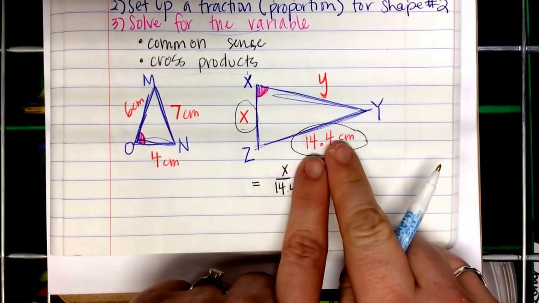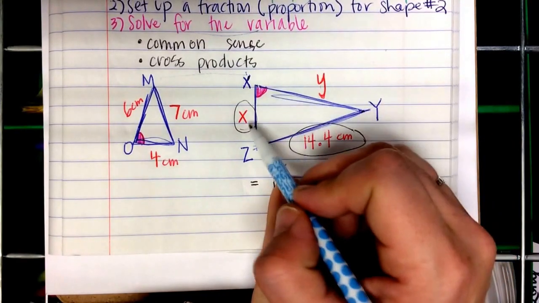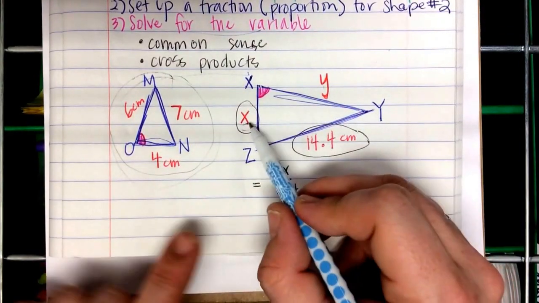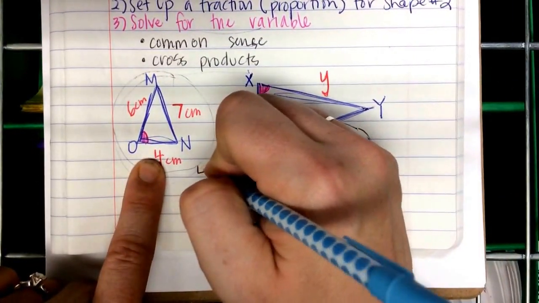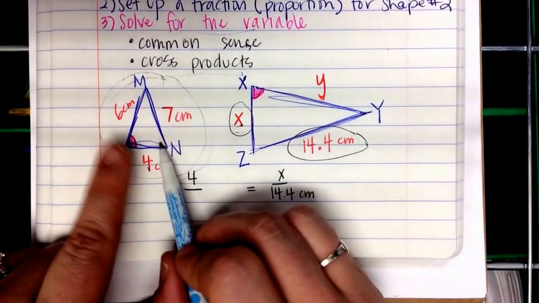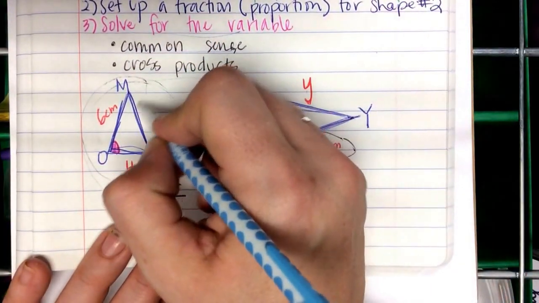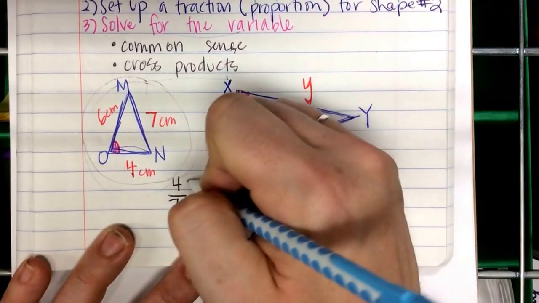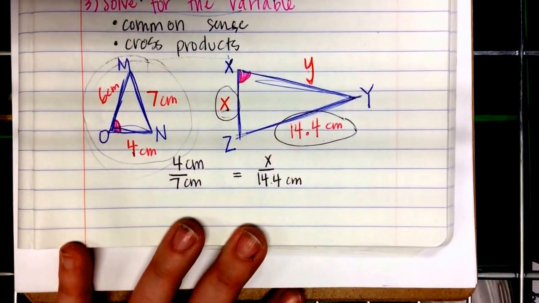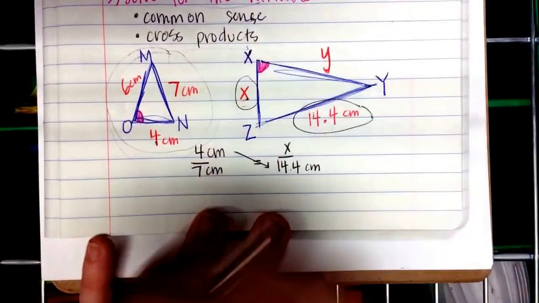All right, let's now go to our other guy. What's proportional to X? Over here. X and 4. What's proportional to 14.4 over here? Turn it in your mind. 7. Can you common sense this? No. I can't common sense this, so I'm going to have to cross product.